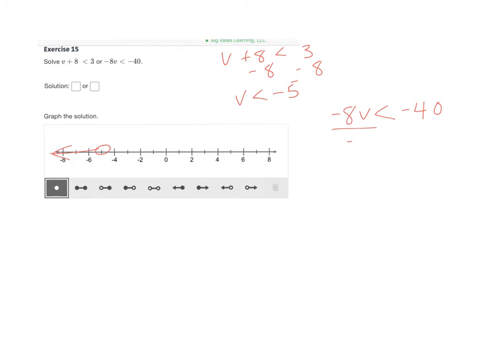We're going to divide both sides by negative 8. And remember, when we divide by a negative, we're going to have to flip that inequality. So we're going to have v is greater than negative 40 divided by negative 8, positive 5. At 5, an open circle running to the right. The way you would read this, all numbers less than negative 5 or greater than 5.